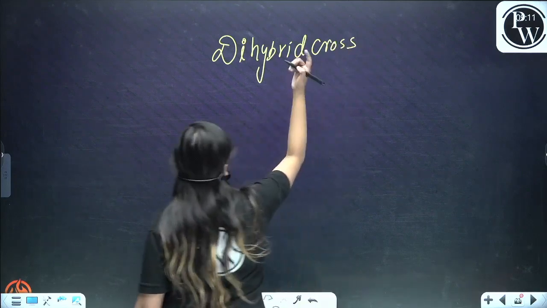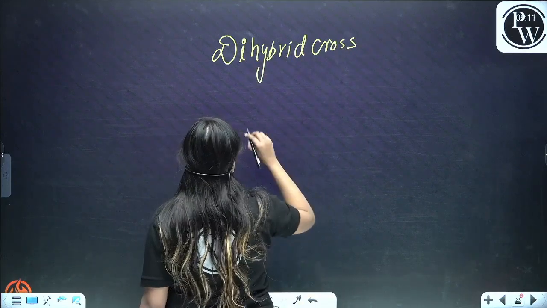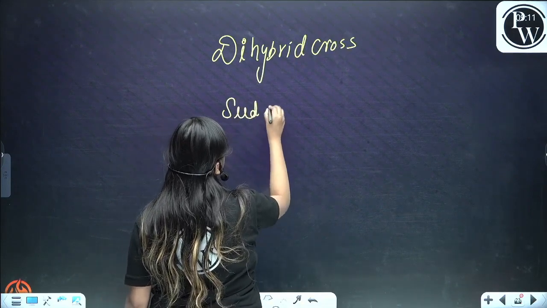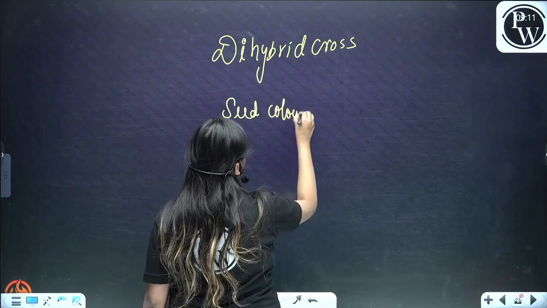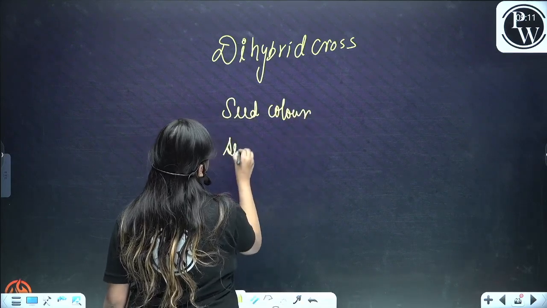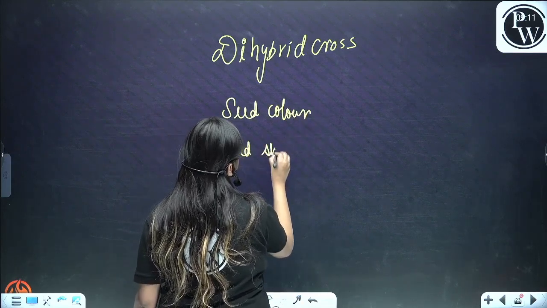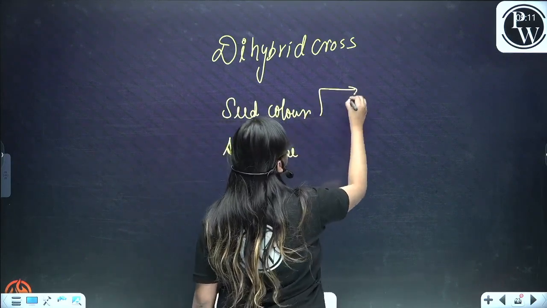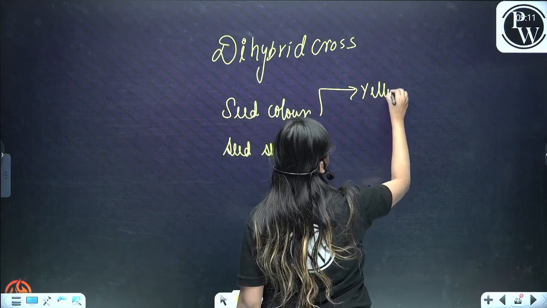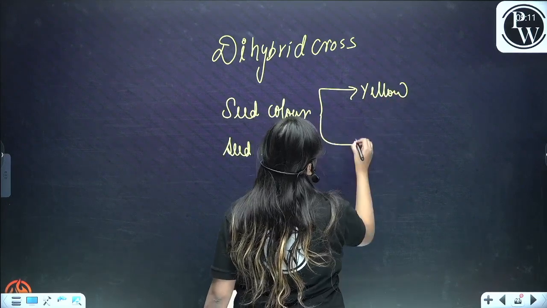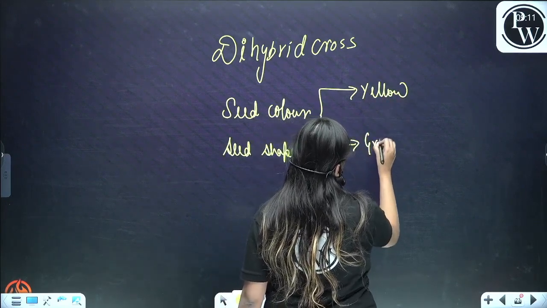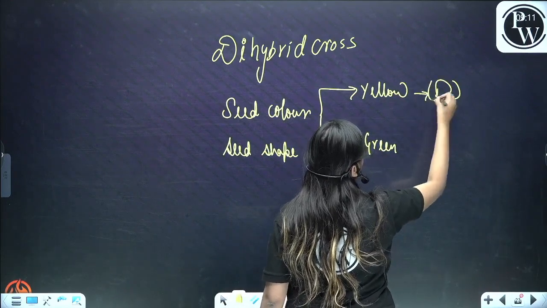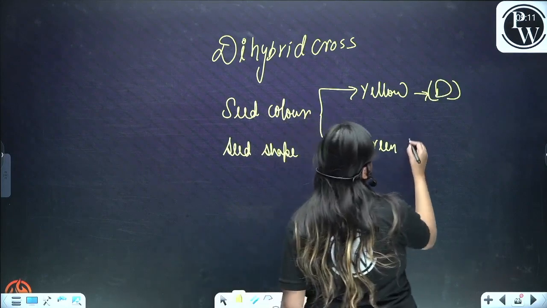Where he has taken the 2 characteristic features, that is seed color and seed shape. Now seed color yellow is dominant and green is recessive, D for dominant and R for recessive.